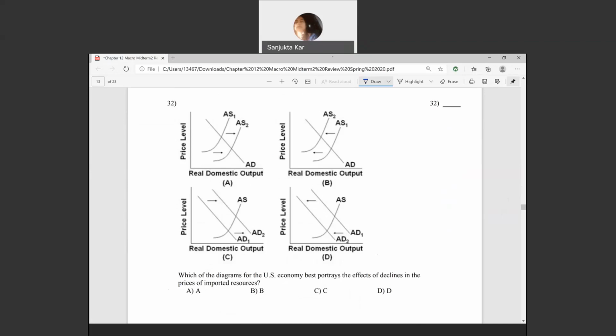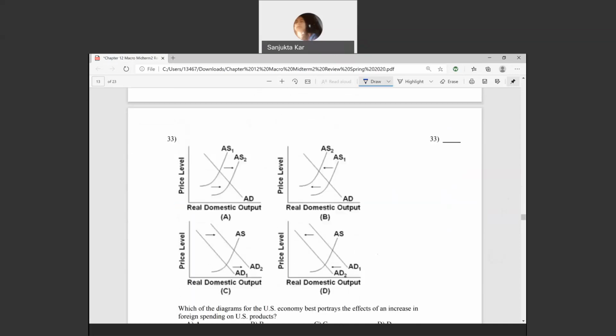Which of the following portrays the effect of a decline in prices of imported resources? This will be aggregate supply shifting to the right, and this is going to be A. Okay.